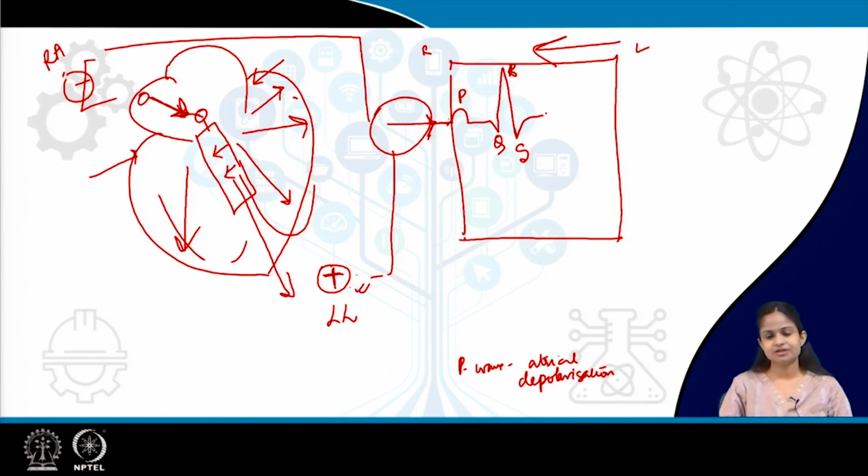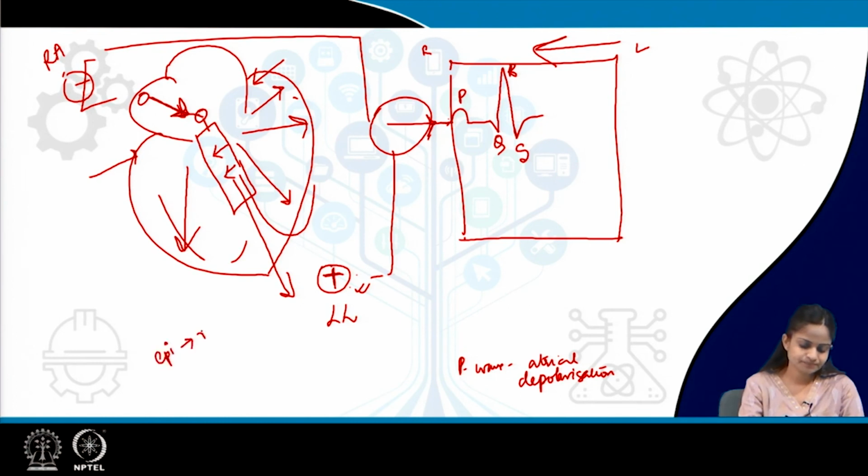The repolarization will give rise to a positive deflection in the T wave, because the repolarization starts from, as I told you, the last part of the depolarization. The last portion to get depolarized is the first portion to get repolarized, which means the epicardium will get repolarized first.